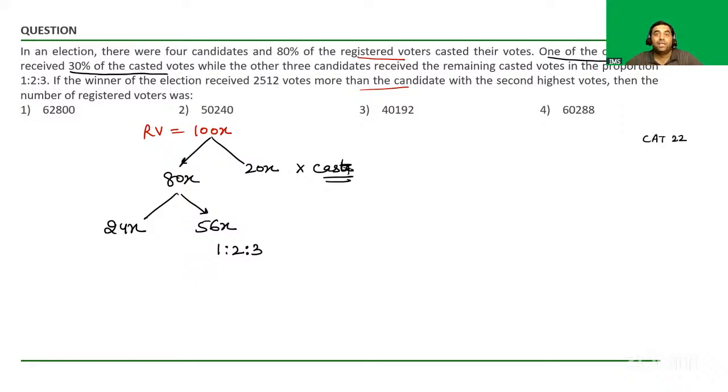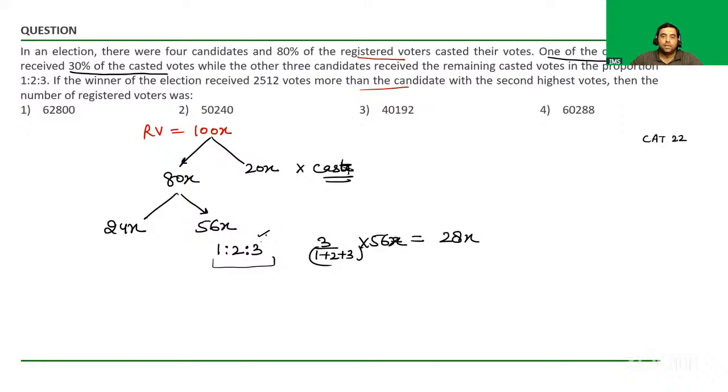And now they've mentioned that the difference between the winner and the second highest is equal to 2512. Now, out of these 1:2:3, the maximum number of votes is by this candidate, which is 3/6 of the total value, 56x, which comes out to be 28x.